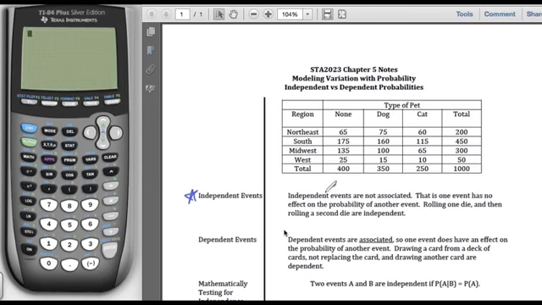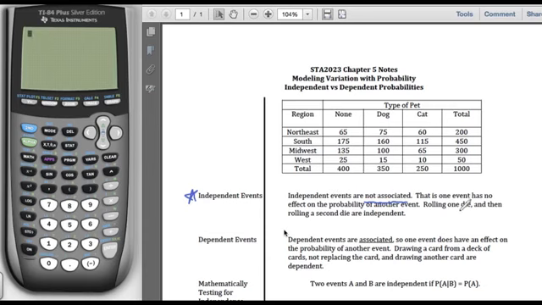We'll say that independent events are not associated, which means one event has no effect on the probability of another event. If the first event occurs, it doesn't increase or decrease the probability of the second event.